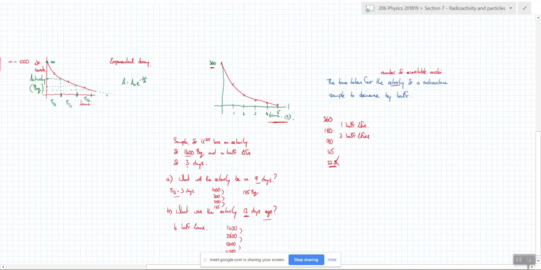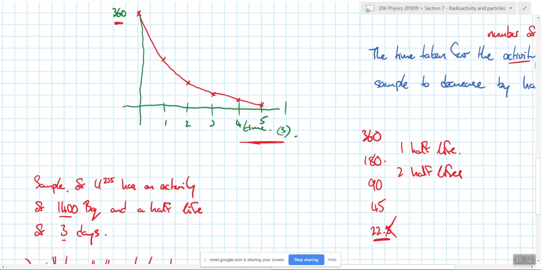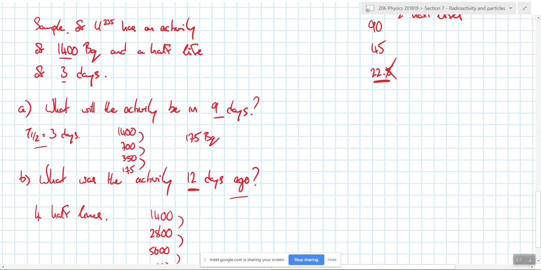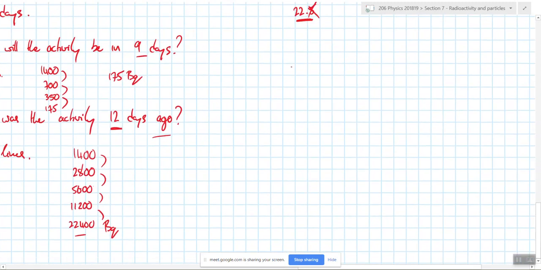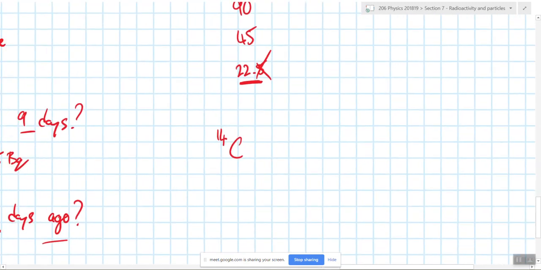Now this stuff's pretty useful because you can use it for something called carbon dating. There's one particular isotope, radioactive carbon-14. You all contain a little bit of it, and you all contain pretty much the same percentage of it. I'll have a lot more because I'm a lot bigger than you are, but we all have the same percentage, and it constantly gets swapped in and replaced when you're breathing and respiring and eating food and stuff.